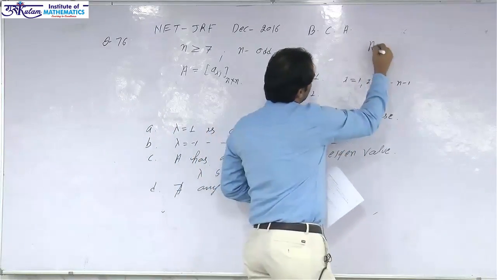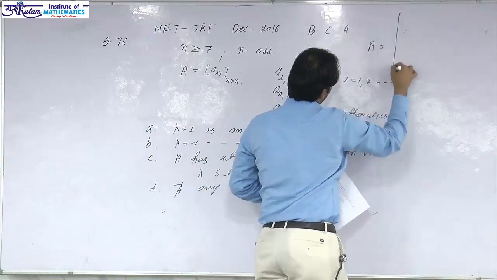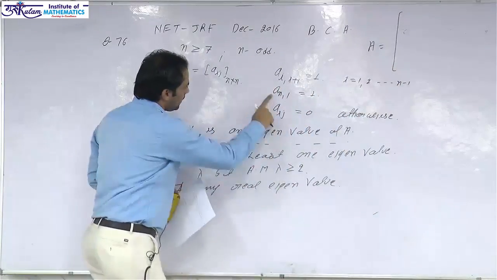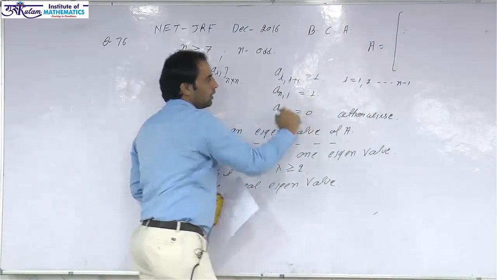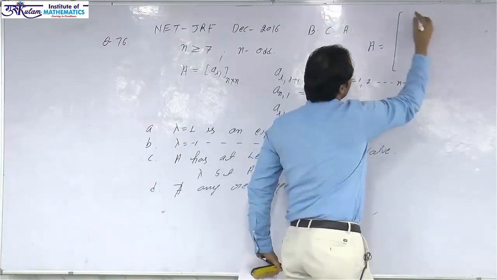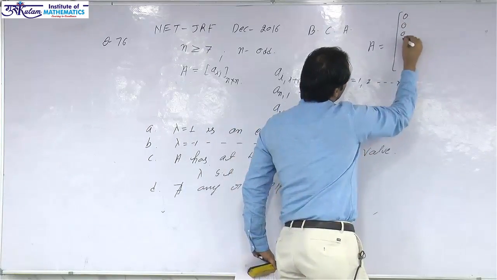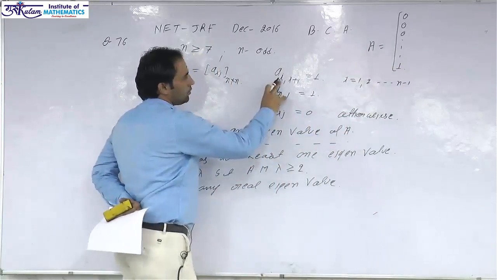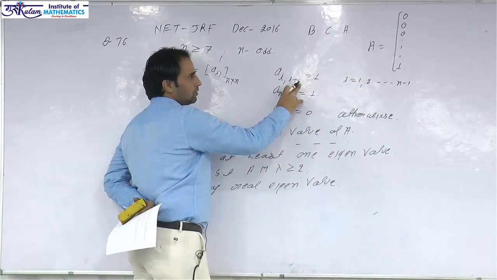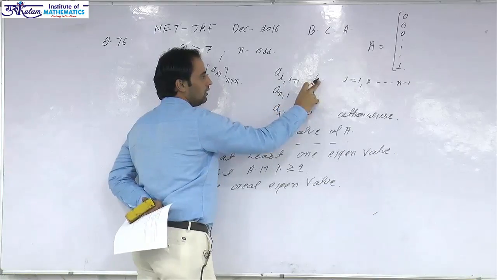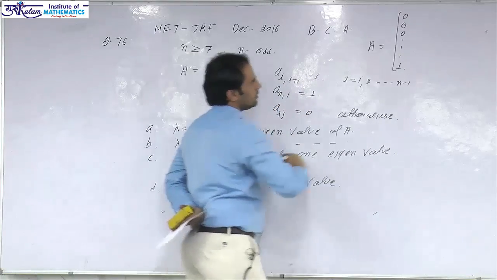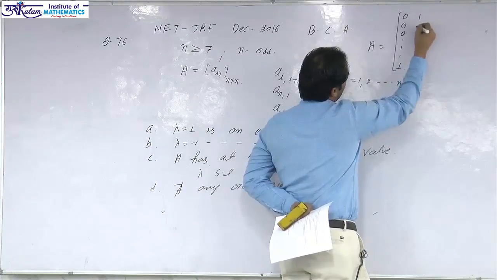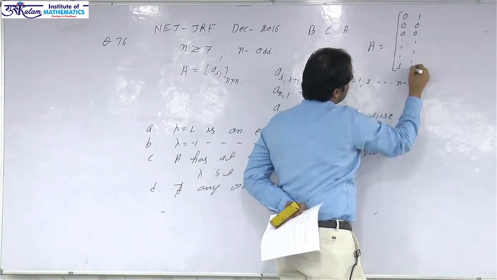In the first column, the (n,1) entry is 1, and the remaining are all 0. That is, this is 0, 0, 0 and the last entry is 1. If i equals 2, then a_{2,3} is 1, and the remaining entries are 0.